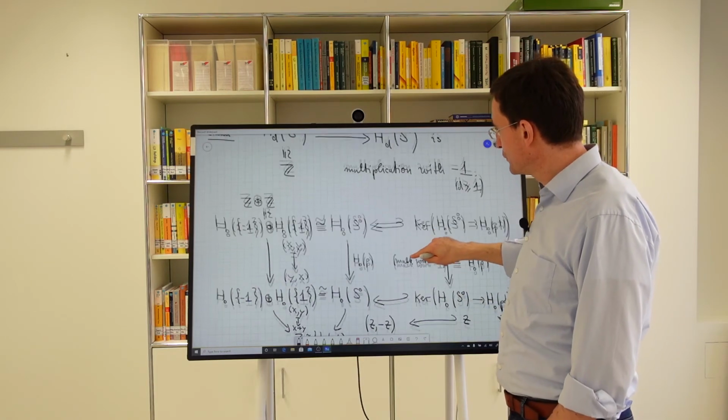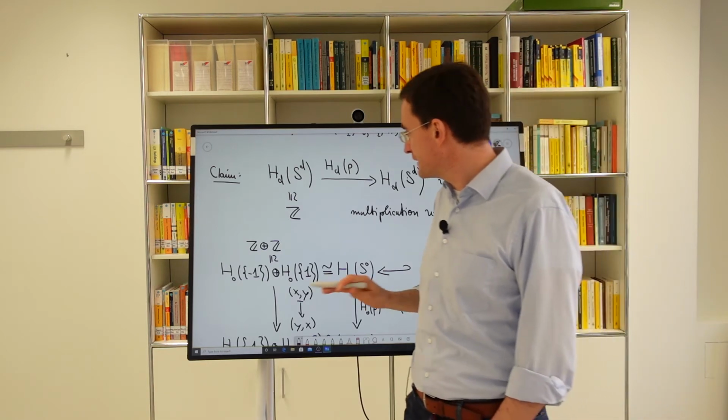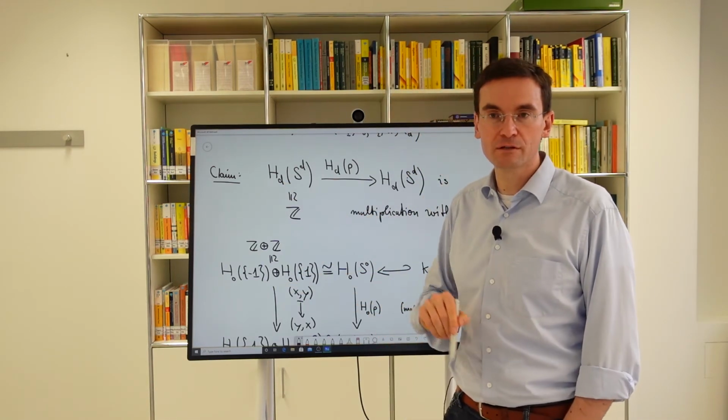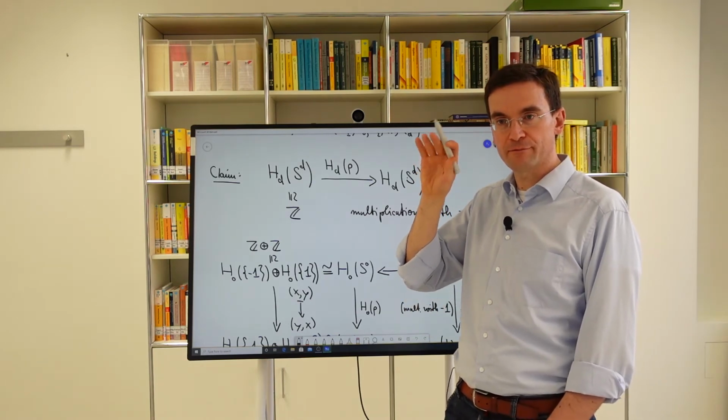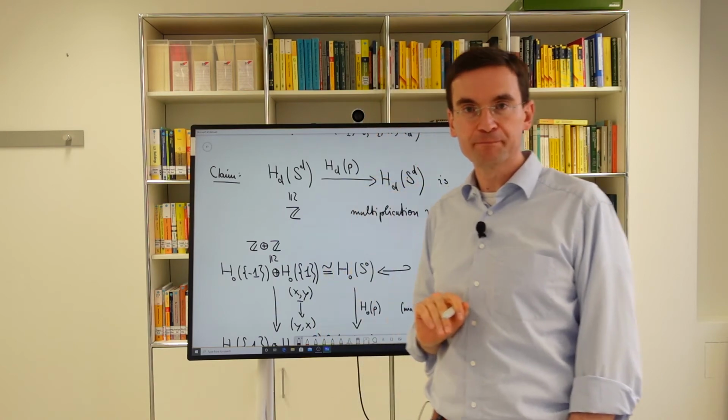Therefore, if you want a statement that works also for d equals 0, we could have right away said we don't look at HD of SD, we look at the kernel of the map from HD SD to HD of a point, and then it would be a uniform statement.